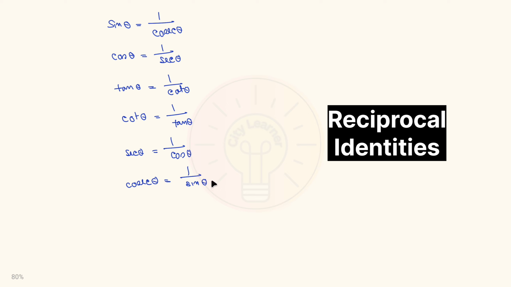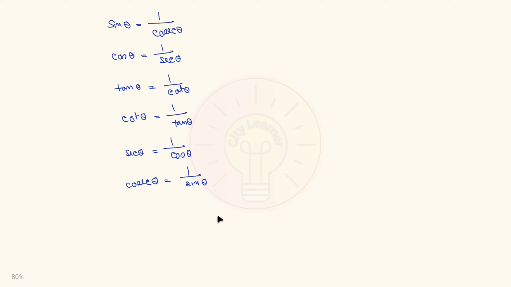So from this tan theta is equal to sin theta by cos theta, and cot theta is equal to cos theta by sin theta. So if we find the ratios of sin theta and cos theta for any angle, we can find all the remaining ones.